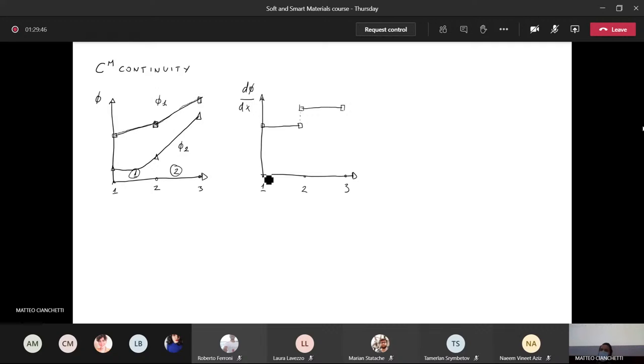For the second one, instead, you have something like this, because its first derivative is a sort of ramp, and then it is constant between the other two nodes.